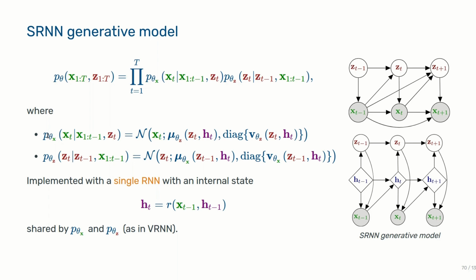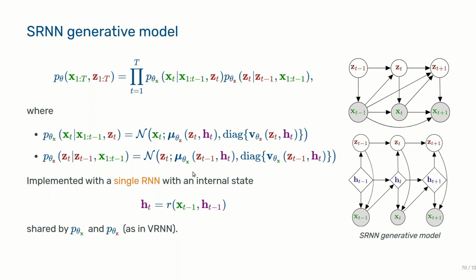Both the distribution of the observation and of the latent code are assumed to be normal distributions. The one on the observations depends on HT, which is a recurrent variable encoding all the previous observations, and on the current latent code. And the one on the current latent code depends on the very same HT, that once again encodes the information of all previous observations, and on the previous latent code.